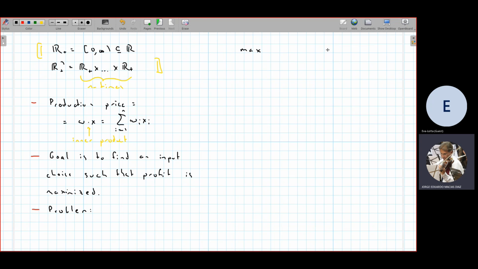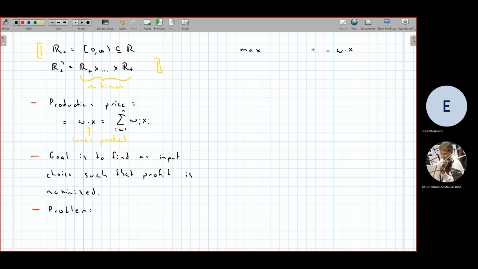Maybe the outcome is easier. So you see, these are the costs. So this is the production cost. So this is W minus X. Okay, so that's the amount of money that we have to invest to produce the outcome.